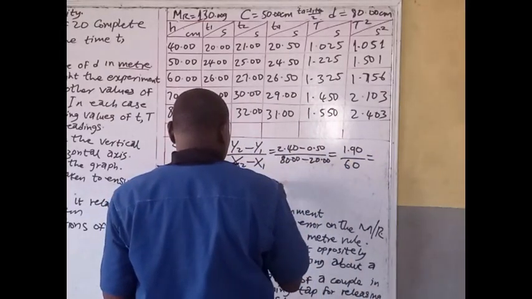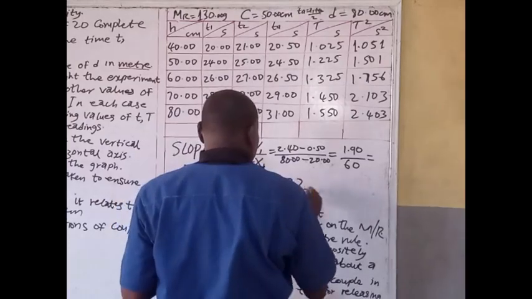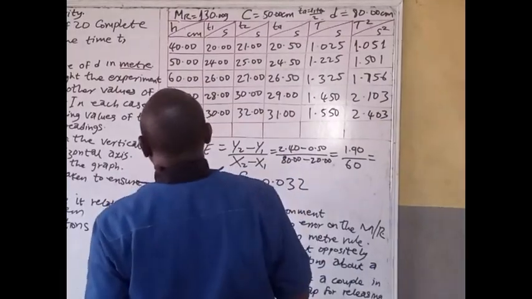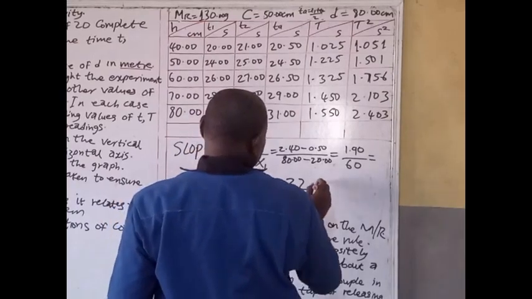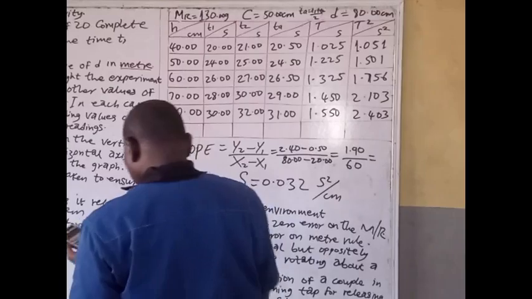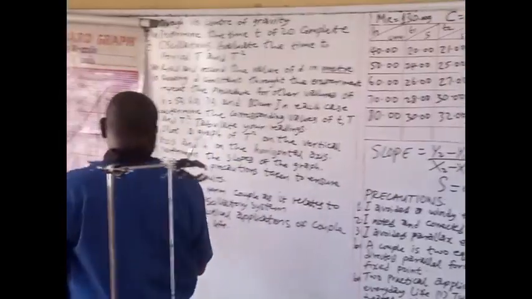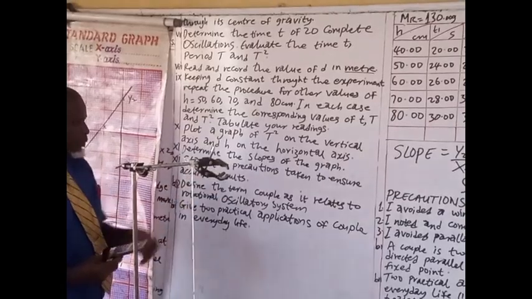Slope is 0.032 second squared per centimeter.